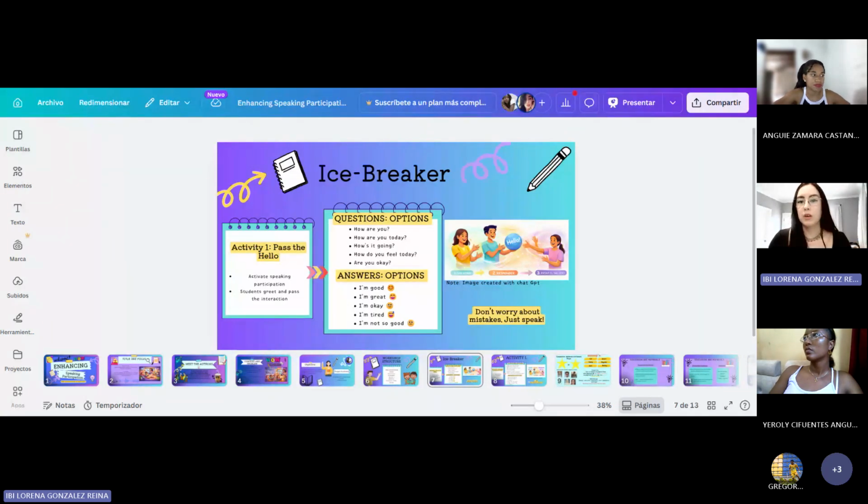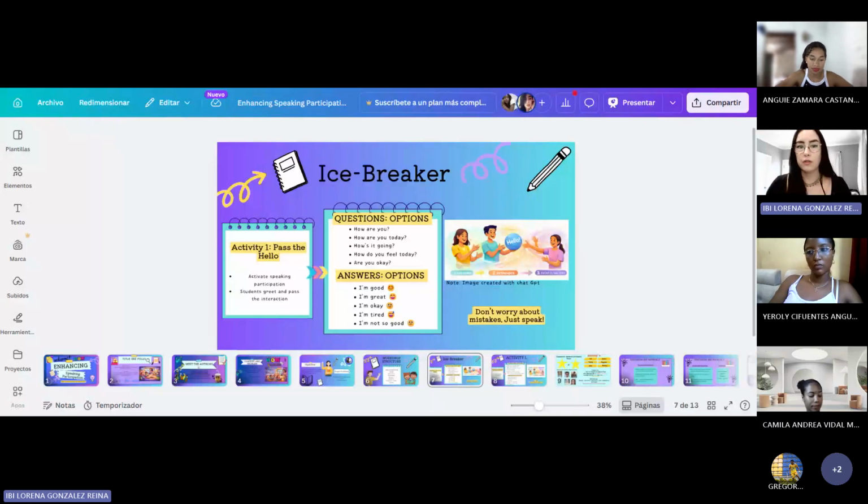It promotes participation, builds confidence in speaking, and helps students feel more comfortable using English. Additionally, it is dynamic and inclusive, allowing all learners to engage regardless of their level, making it especially effective for A1 students. So let's continue with our classmate Gregory.